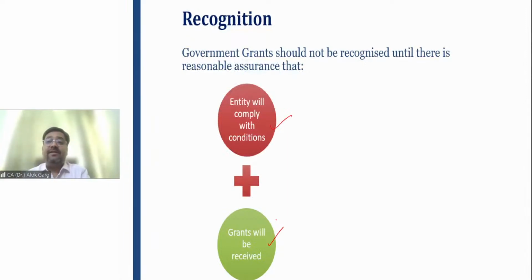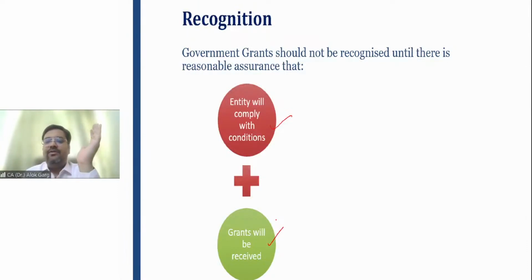The entity has passed an accounting entry: bank account debit to government grant account. Now what was the condition? The government said, I am giving you 1 crore rupees and in the next 3 years you have to generate employment opportunity for 1,000 people. I'll check your register. I'll count your employees.